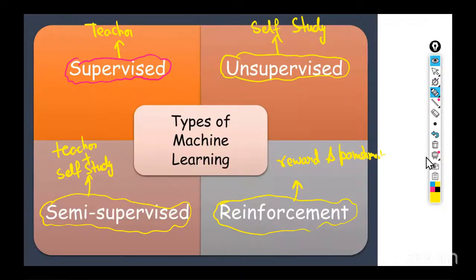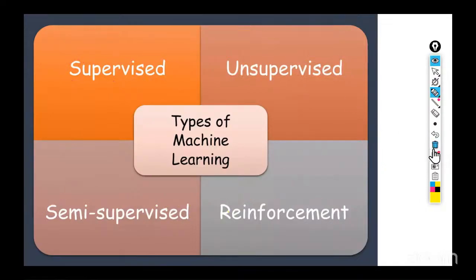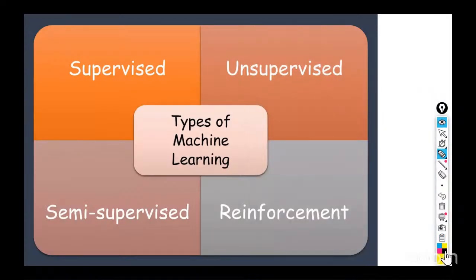Now, let's talk about the actual meaning of what exactly supervised learning is. First thing, in supervised learning, we know that we have to do some supervision. So let's say you have data. Data has two parts: one input and one output.